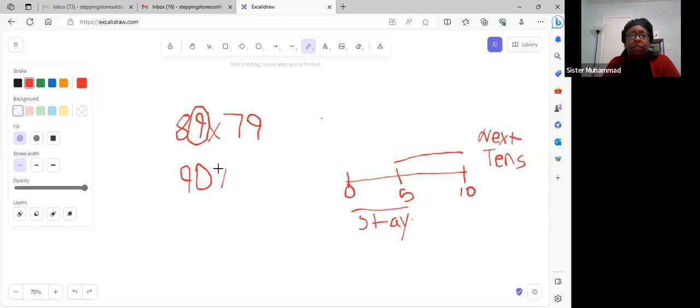Multiplied by, we're going to look at the ones place. And again, we have 9. We know 9 comes right before 10. We know 5 to 10, we move to the next tens place. So what is that if we count by tens? 10, 20, 30, 40, 50, 60, 70, 80. So that means this 7 is going to turn into an 8.